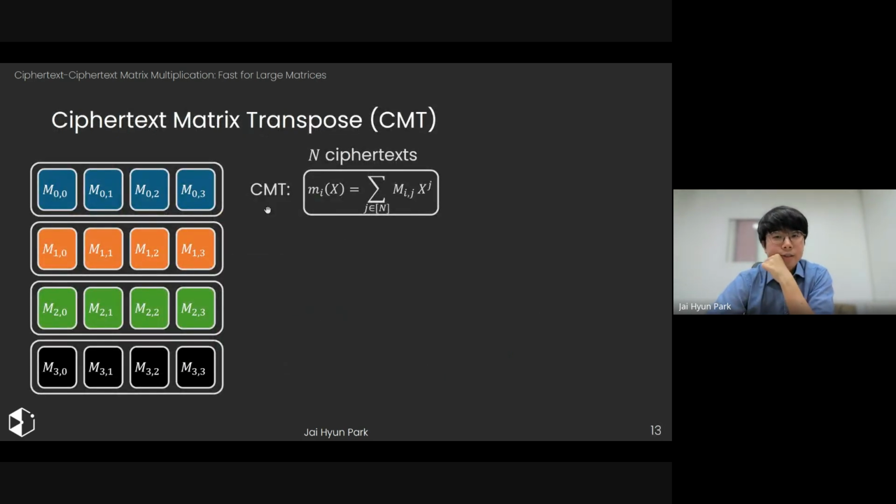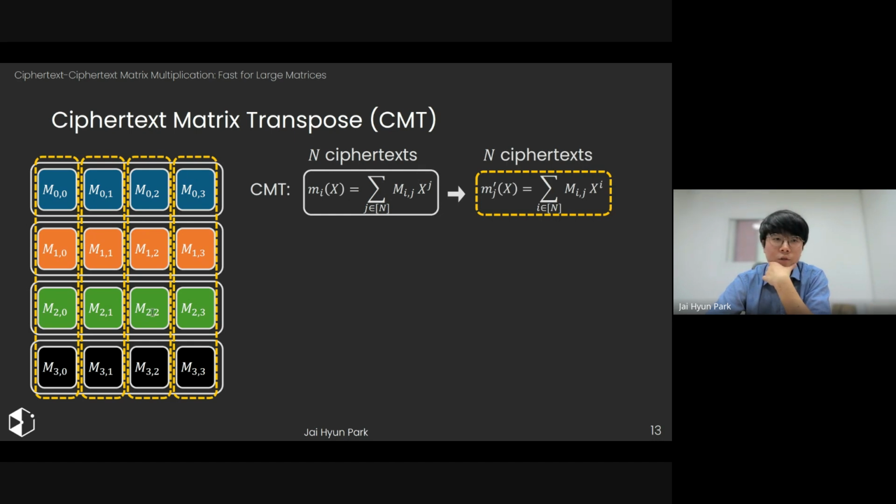Okay, so let's assume that we are given n ciphertexts that decrypt each row of a given matrix, so we can write it like this. The goal of the ciphertext matrix transpose algorithm is to obtain the ciphertexts that decrypt each column of the matrix.